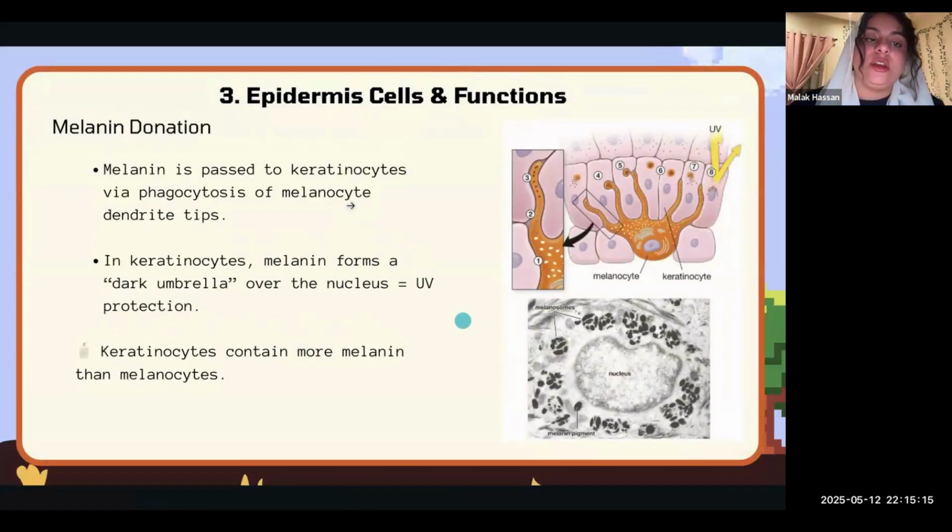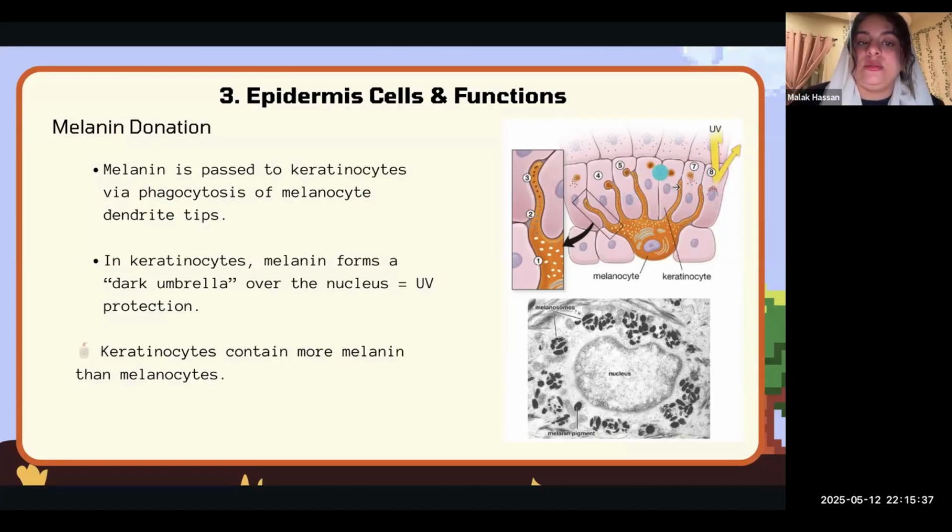Now, melanin donation happens. It's passed to keratinocytes by the phagocytosis of melanocyte dendritic tips. Here there's phagocytosis, as you can see, of the melanocyte dendritic tips.